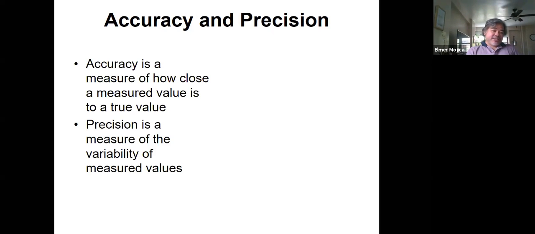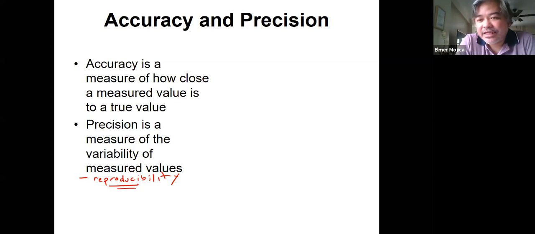Precision, on the other hand, is a measure of the variability of the measured value. Precision describes reproducibility. So what does it mean? How close the measured values are to one another.